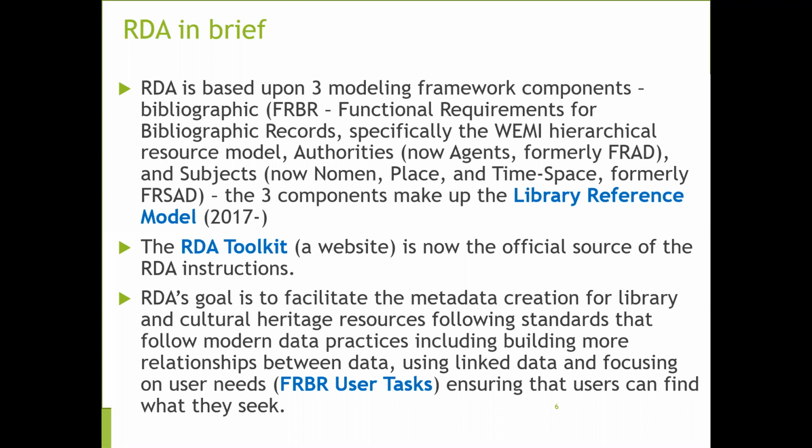Then FRBR, your functional requirements. So what are the requirements for our records to work? What are those functional requirements? And specifically, the most important part of that FRBR model, if you've studied that, is what's called the WMI hierarchy, and that's a hierarchy of our data. Work, expression, manifestation, item. We're not going to go too much into that. We're just setting the stage and hitting on our foundations in RDA.